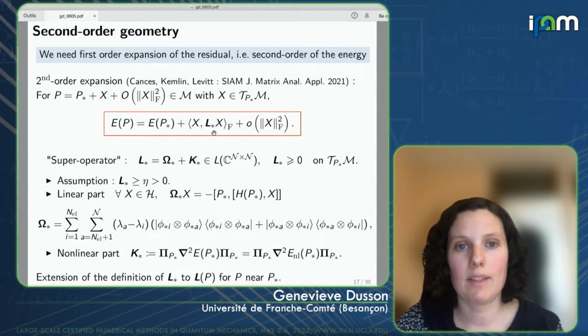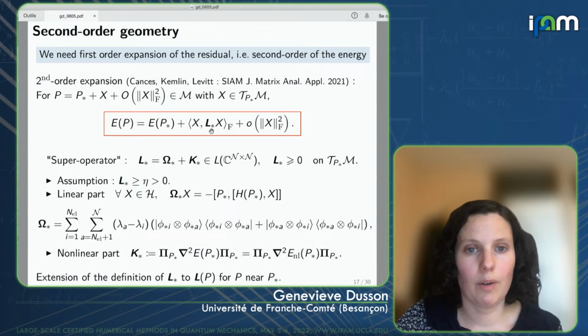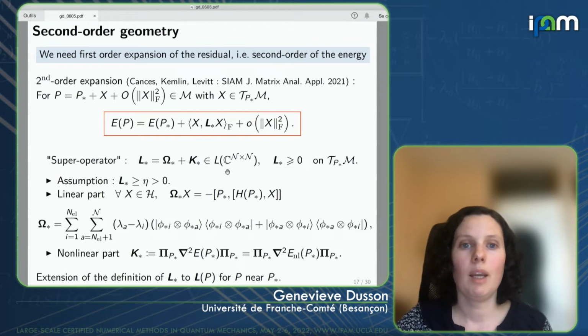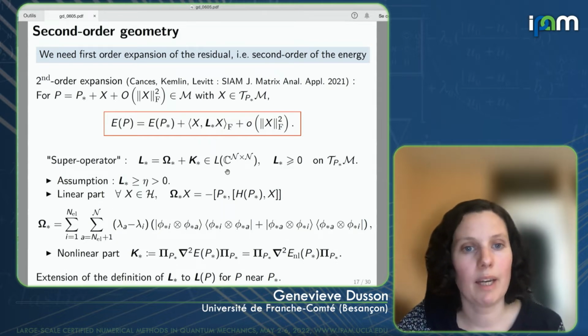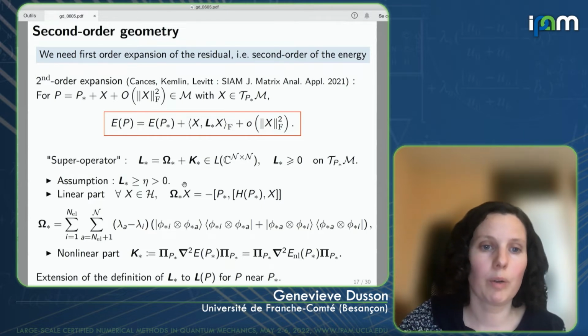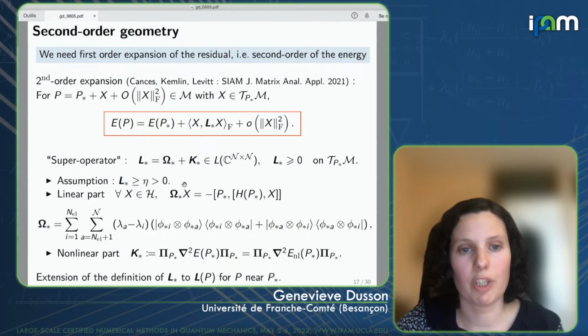And here L star is a super operator, so it's a linear operator on the matrices of size n by n. And this is something that we can write down and compute. The assumption that we make is that this operator is strictly positive, which requires looking at a non-degenerate minimum.